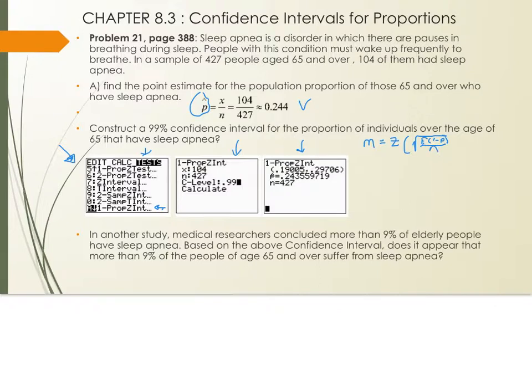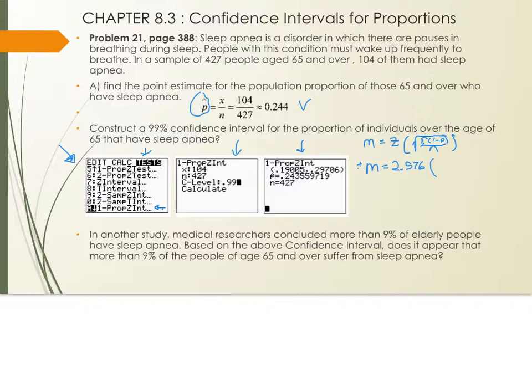You may not be able to see all of that, but there it is. So our margin of error, which is also a plus or a minus, is going to be 2.576. That's our z value that we looked up in the table.